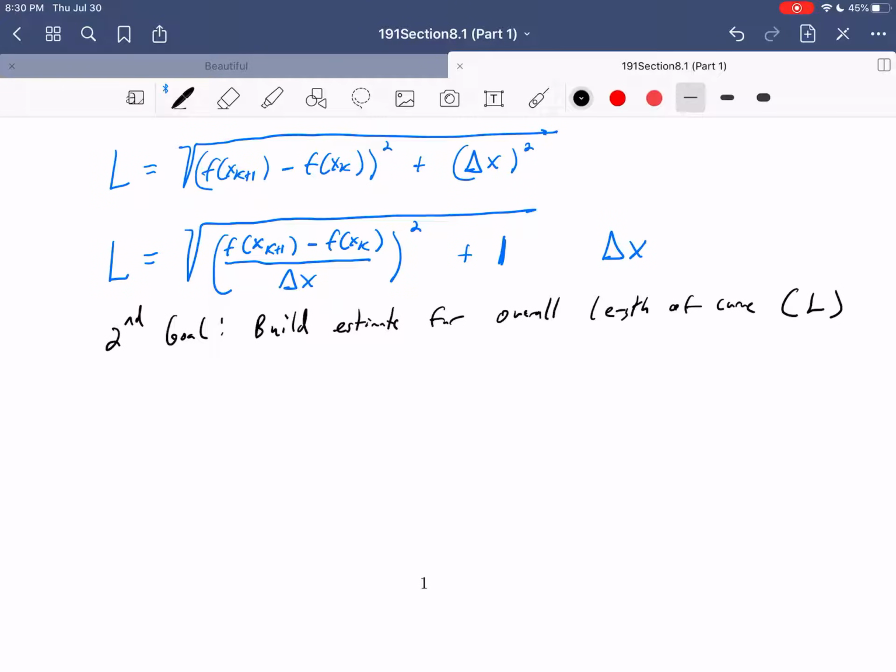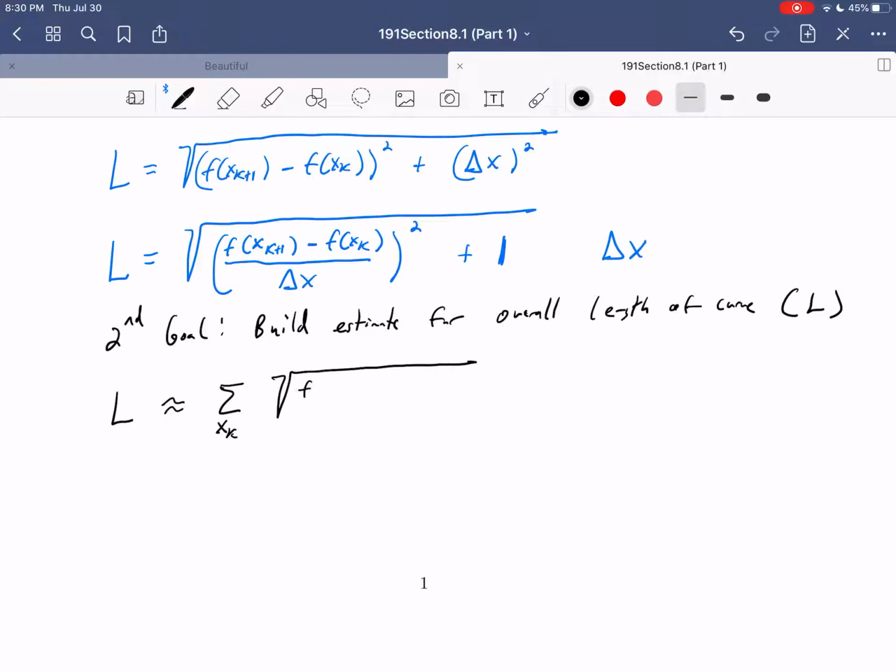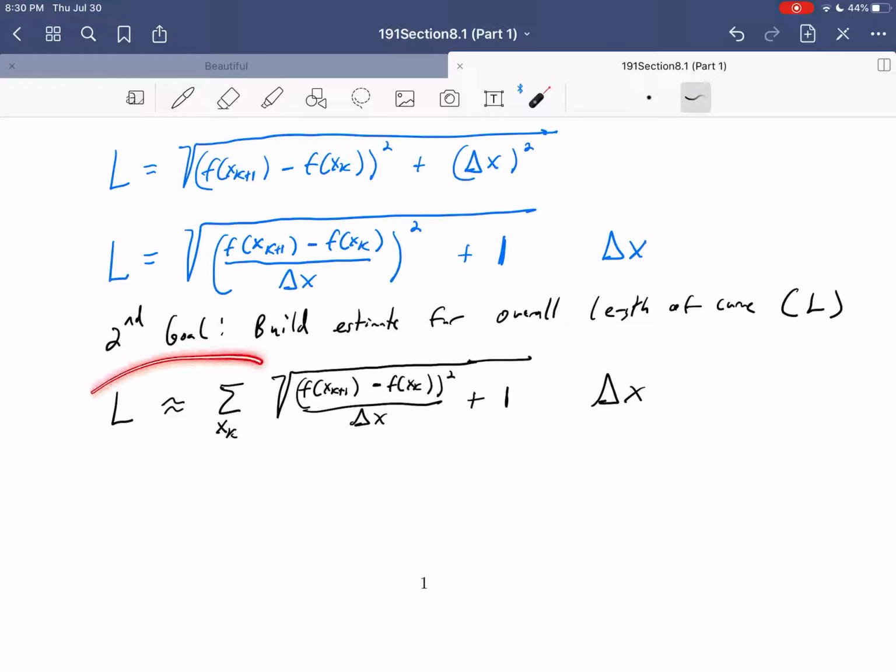Okay, so we could say that L is roughly the sum over all those x sub k's, this summation which we are now very comfortable with, right? So the sum of all these pieces here: the square root of (f of x sub k plus 1 minus f of x sub k) squared over delta x, plus 1, times delta x here. Okay, so there we go.